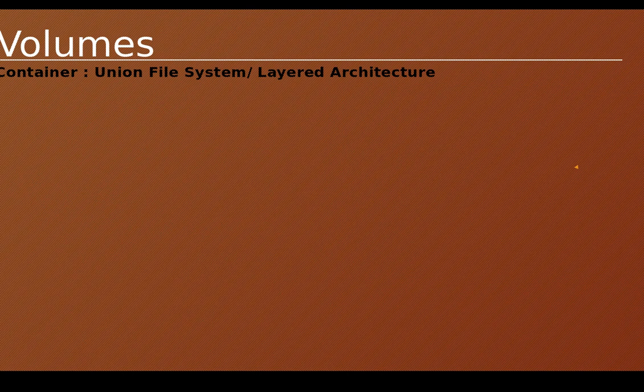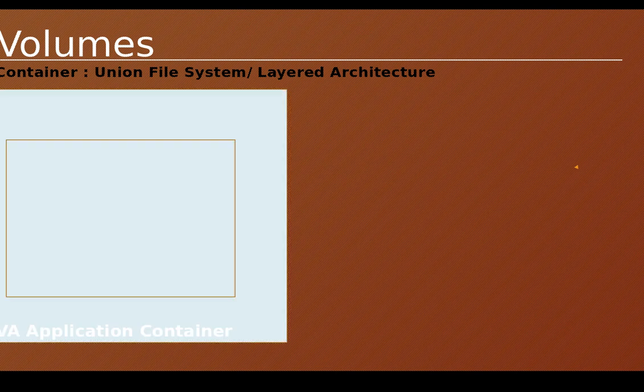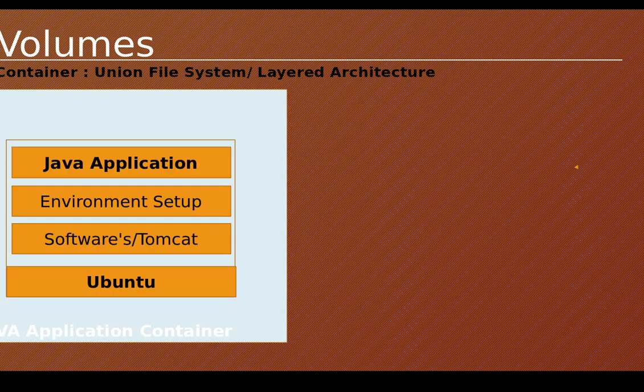Containers basically have a layered architecture. Just now we saw that when we built an image for a Java application, it first pulled the base image, like when we use JDK as the base image. Over that it applied multiple layers: first it installed this, then that, and finally it added the Java application.